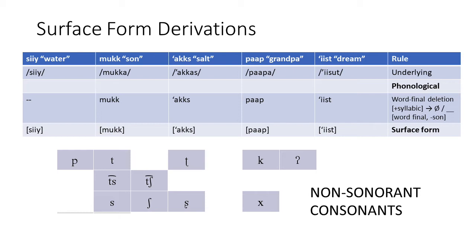So I think word final deletion is pretty straightforward. If we go on to salt, akkas is the underlying form. You will not see this word akkas in the dictionary if you search up salt, because that is the underlying form. It's hidden. You do not see it in the everyday language.